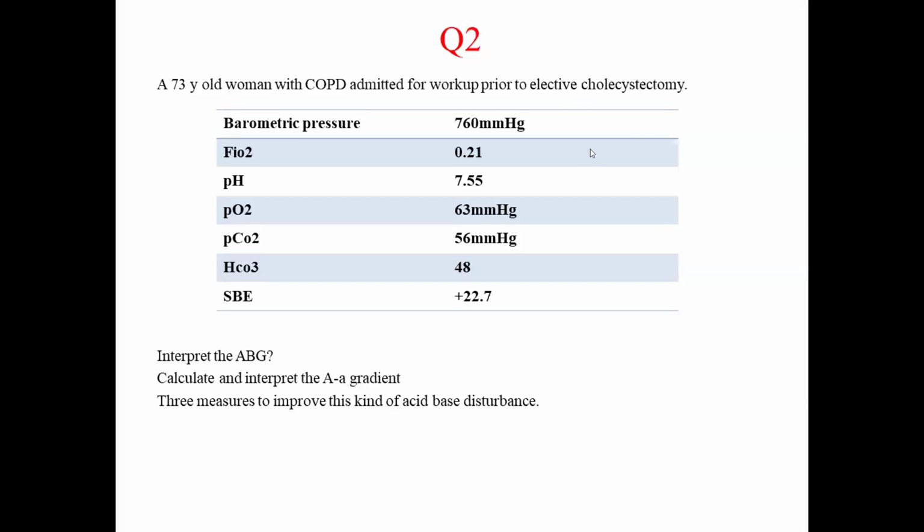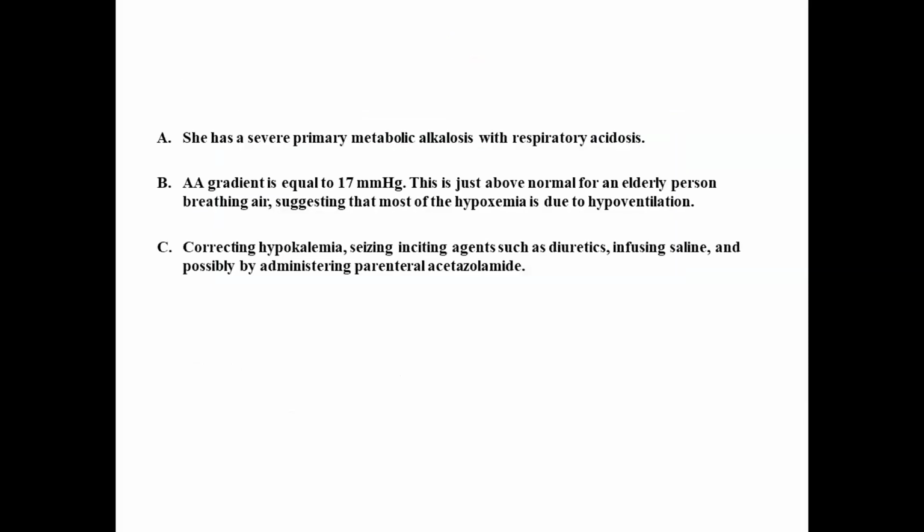So the primary is metabolic alkalosis. Your compensatory is coming around 54.6 if you calculate exactly with the formula. So a slight amount of respiratory acidosis is also present.